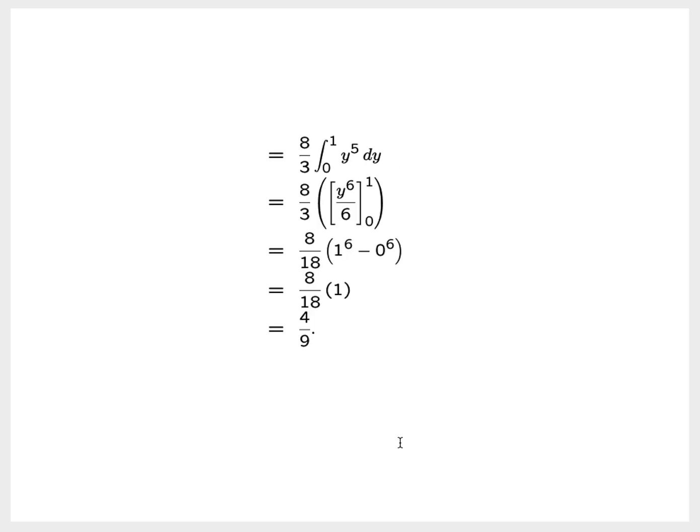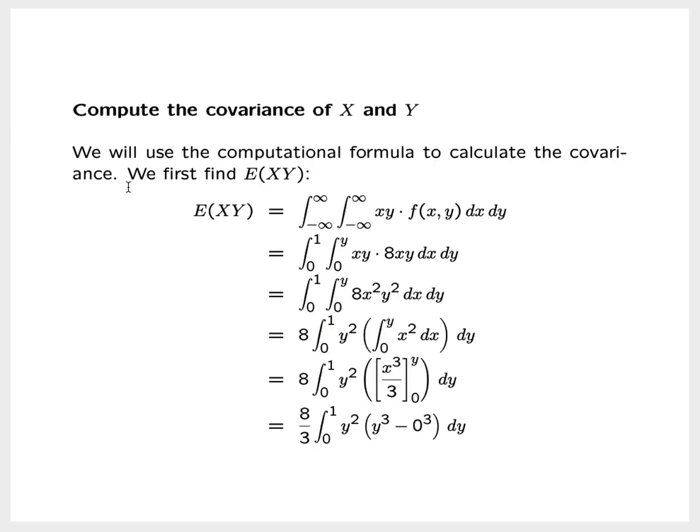And so we have 8 over 3 times the integral of y to the 5th, where y is ranging from 0 to 1. At this point, we can again use the fundamental theorem of calculus, and we end up getting 4/9. So the expected value of x times y is 4/9.